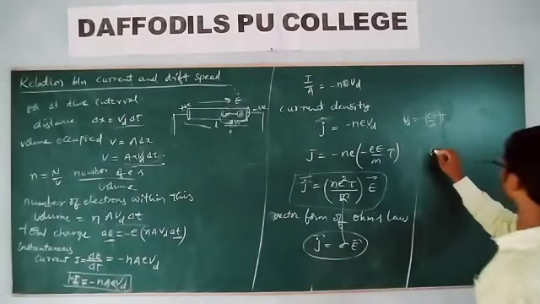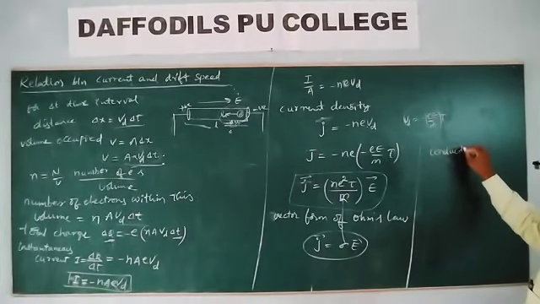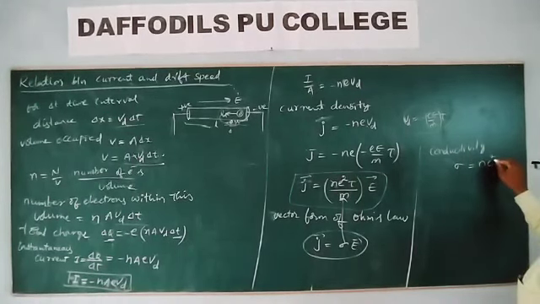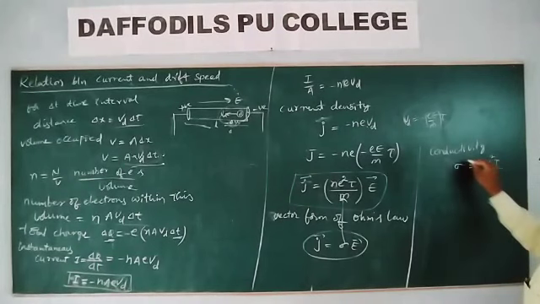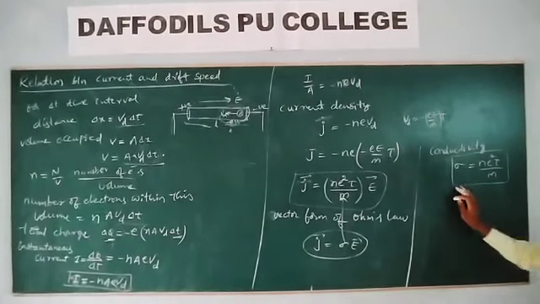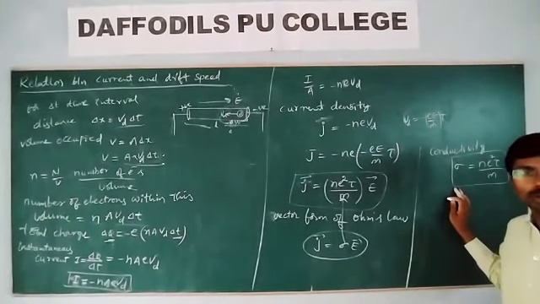Then conductivity sigma is equal to N E square T by M. This is the conductivity of the material of the conductors. Now let us discuss what do you mean by the mobility.